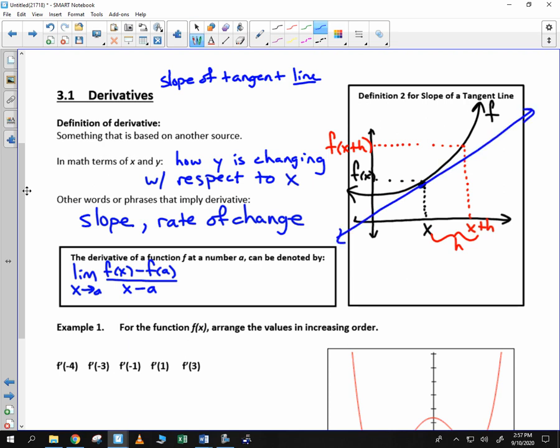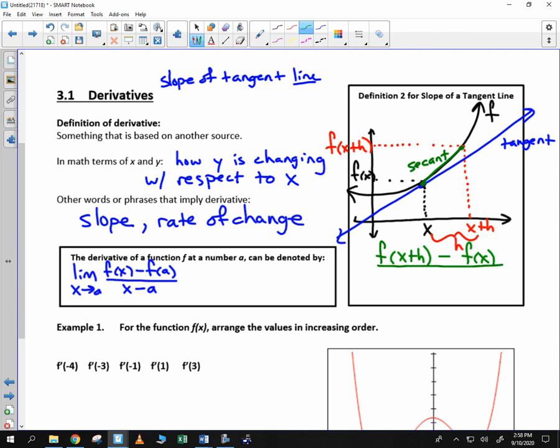That's the tangent line. This is the secant line. We can see that the slope of the secant line is not the same as the tangent line. But the slope of the secant line would be y sub 2, or f of x plus h, minus y sub 1, or f of x.